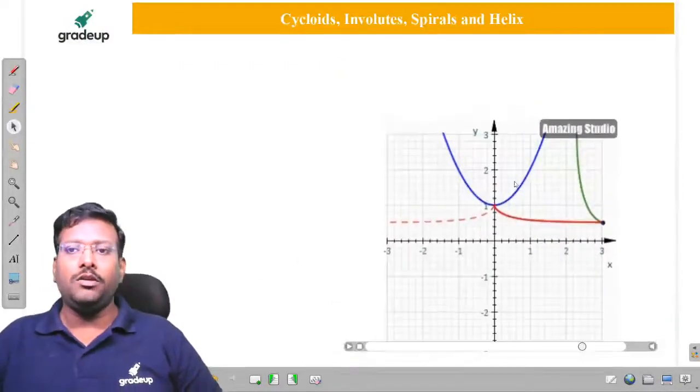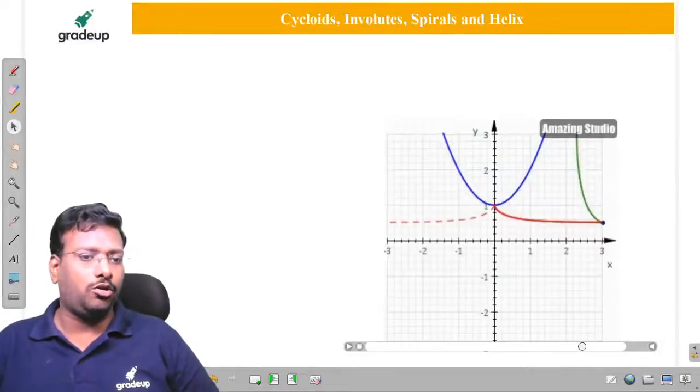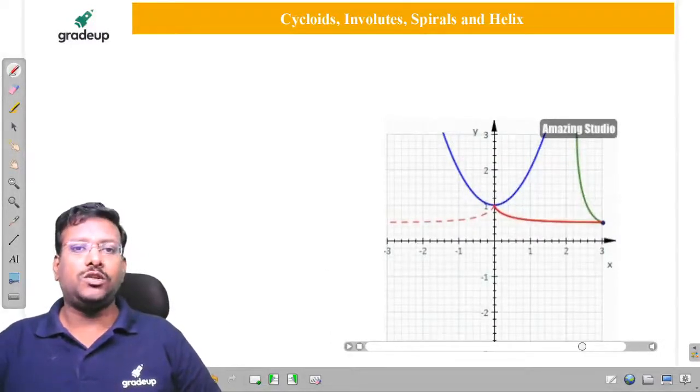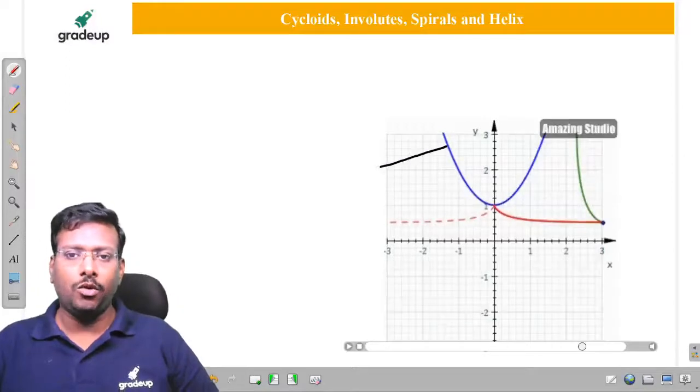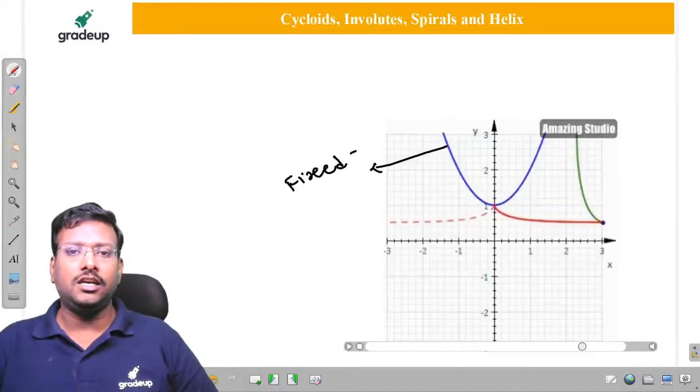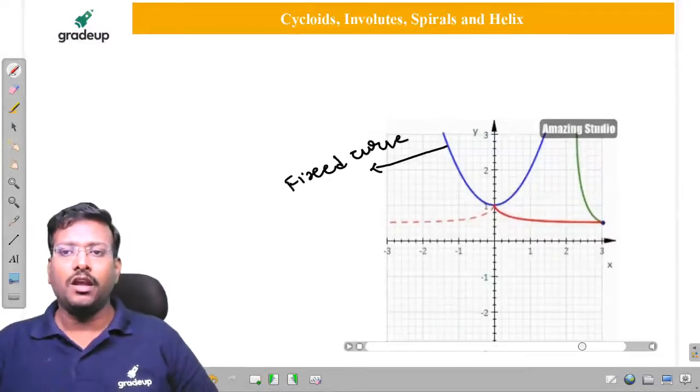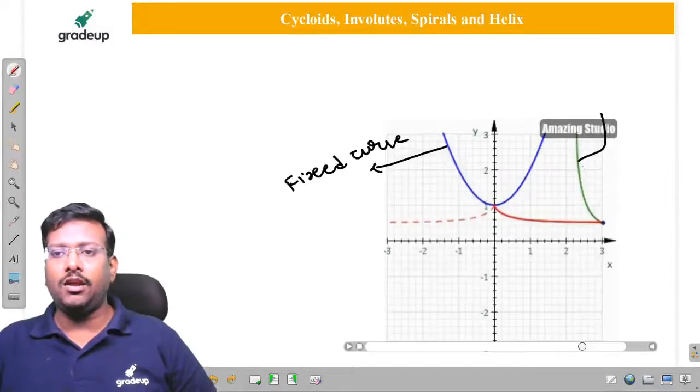So here you remember a few terms I am going to place here. First one is the blue color. It is a fixed curve. And what about the green color curve, sir? It is a rolling curve.